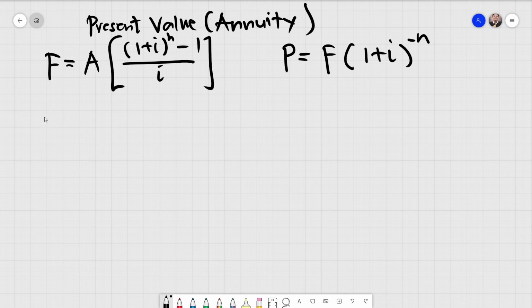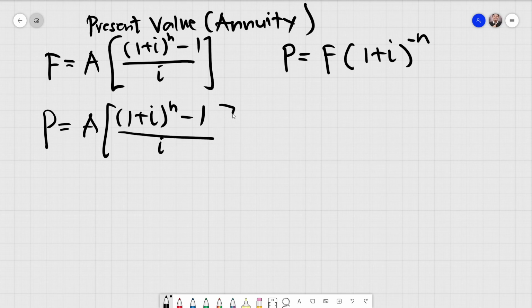So we can do that simply by this. So P is equal to F. So we can replace this F by A times the quantity 1 plus I raised to n minus 1 all over I, and then multiplied by, again, 1 plus I raised to negative n.